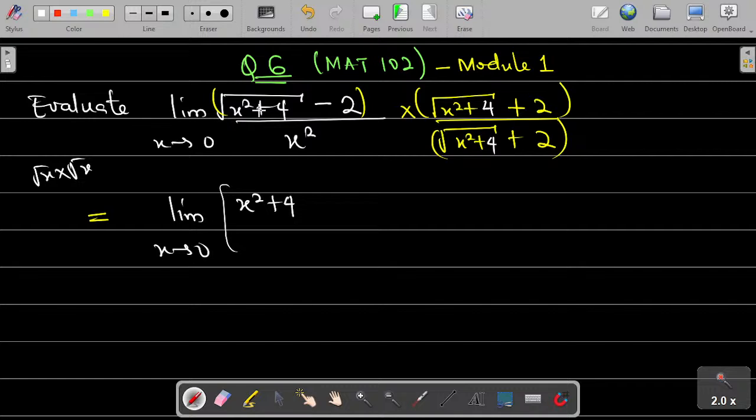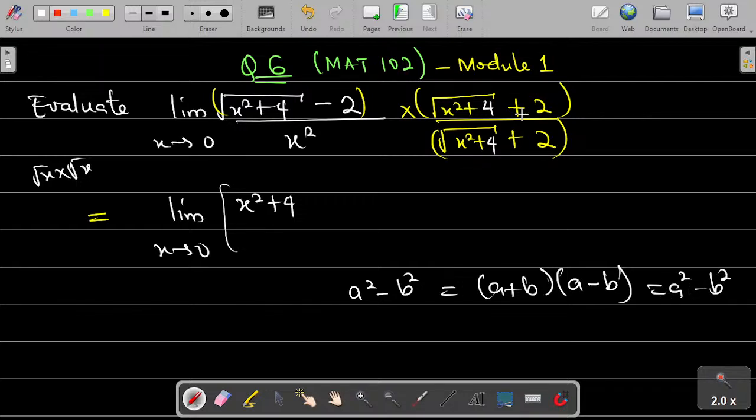Now, remember, in difference of 2 squares, if I have a squared minus b squared, it is equal to a plus b, we stated this earlier on, times a minus b. So if I have it in this form, that means I can go to this other side, a squared minus b squared, and that's the form of the numerator.